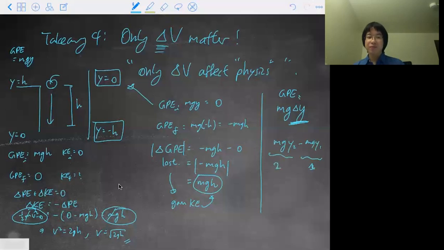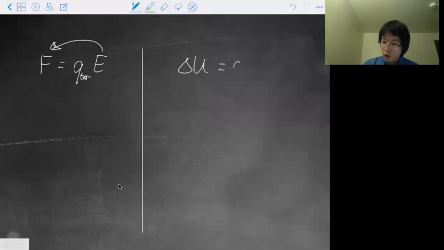Okay? And now we can tie everything together on why things move. One reason is it moves because the electric field exerts a force. And the second reason is a difference in potential causes a difference in potential energy, which causes a difference in kinetic energy.